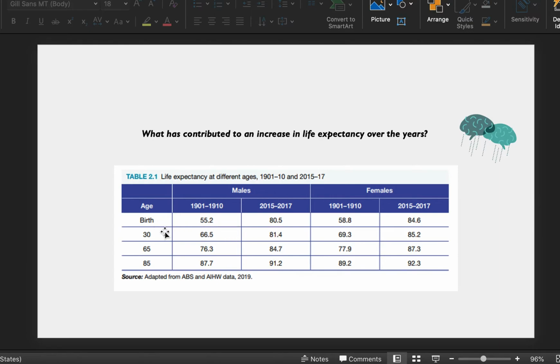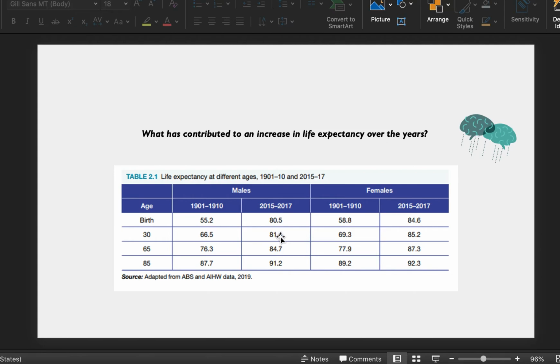As that male progresses through their life, we expect them to live slightly longer. It's indicating the lifestyle choices are ones that lead you towards the higher end of that health status continuum.